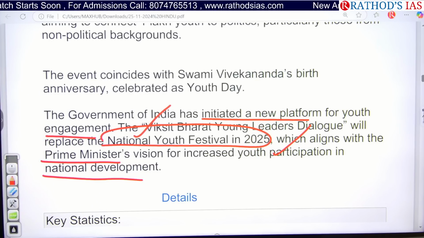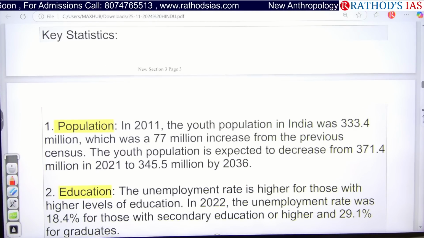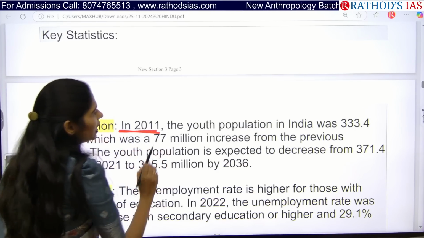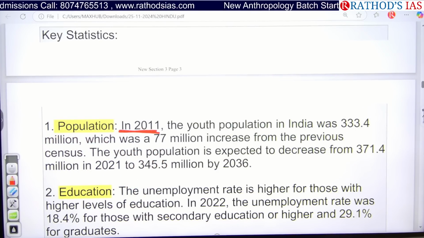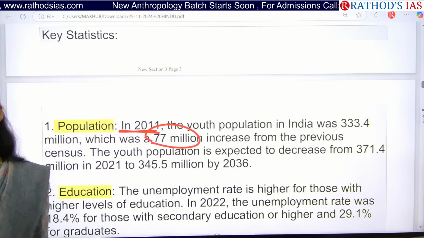Okay, 40%. So if you see the statistics, as per the 2011 census, India's youth population is 333.4 million. When we compare with the 2001 census, it was a 77 million increase in youth.